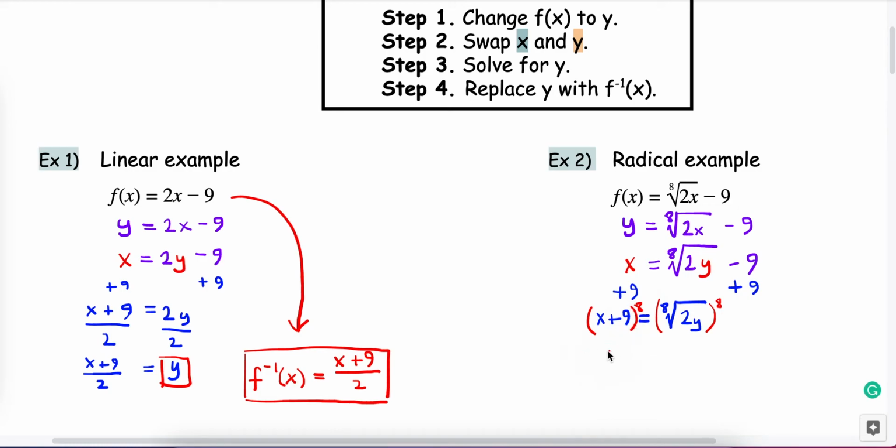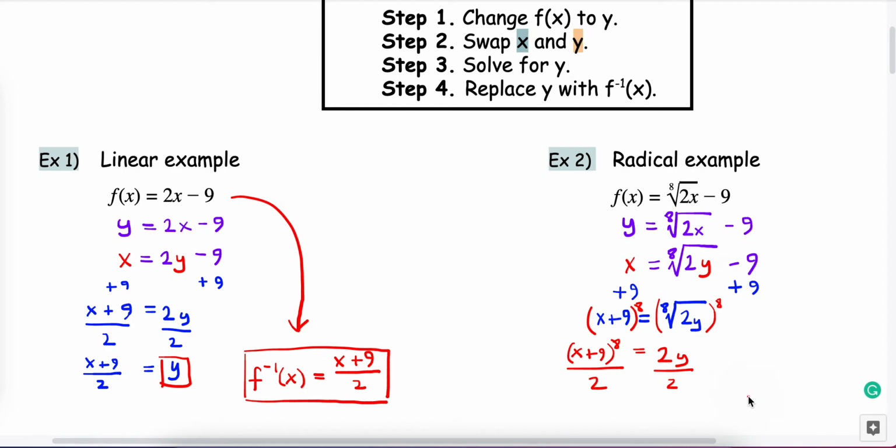Now we have x plus 9 to the 8th power equals 2y. And so we divide both sides by 2, which gets us y equals.